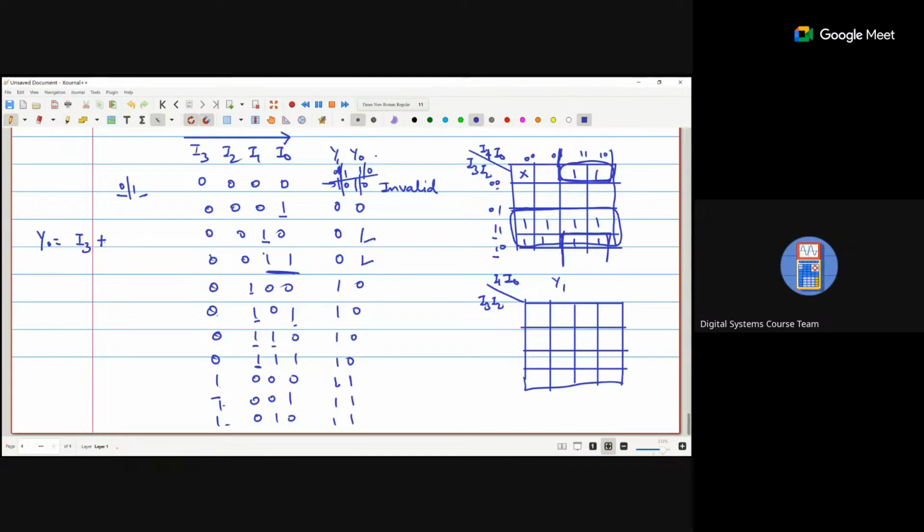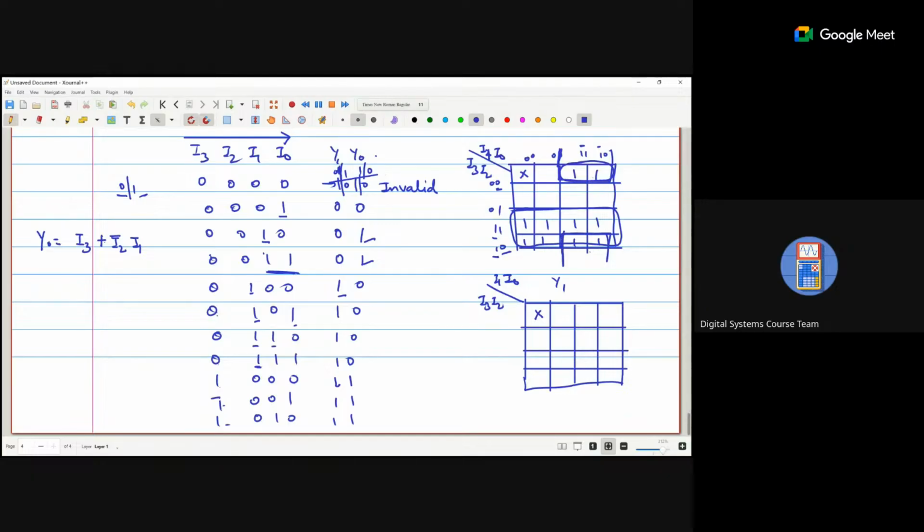So I2 bar I1, because for the first and fourth row I2's value 0 is constant, and for the third and fourth column I1 is constant. So I2 bar I1. Okay, and for y1 this is a don't care condition.